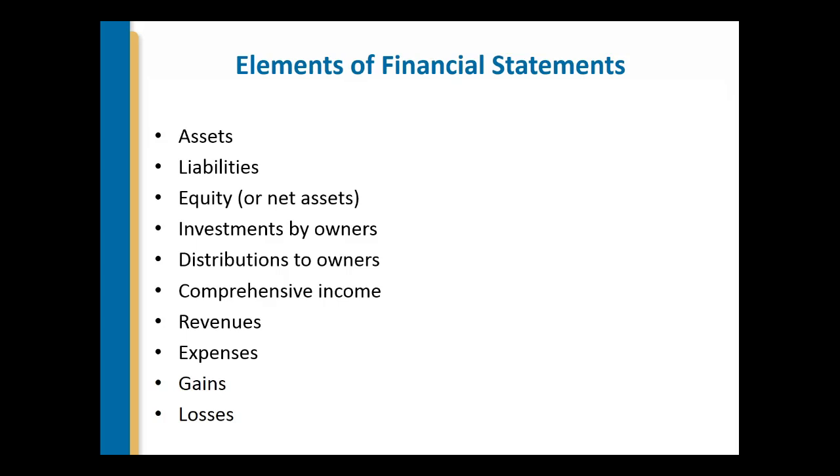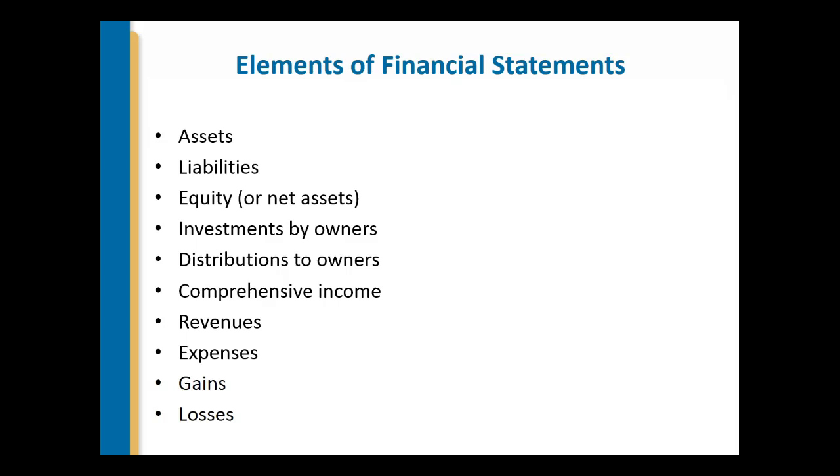Investments by owners are increases in equity of a particular business enterprise resulting from transfers to it from other entities of something of value to obtain or increase ownership interests in it. Distributions to owners decrease equity of a particular enterprise resulting from transfers to owners.